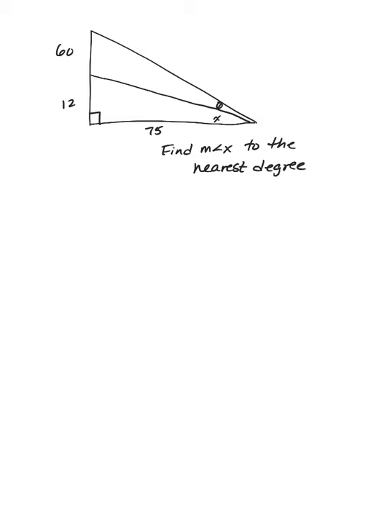So what I'm going to do here is I'm going to find this large angle, which I will call y. Then I'm going to find x. My bad, I want to find theta.